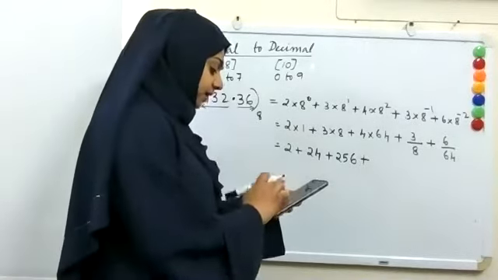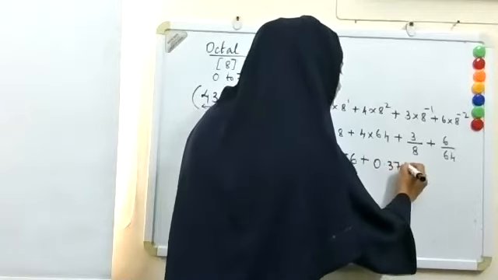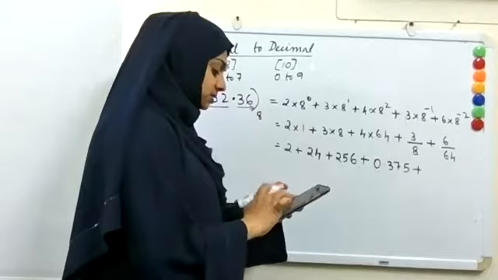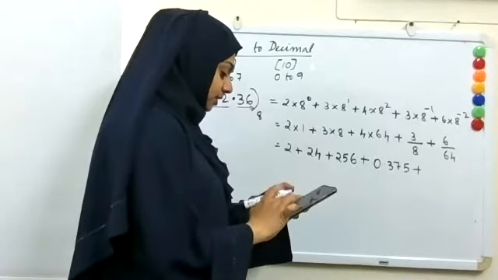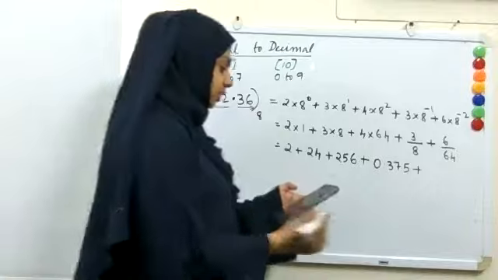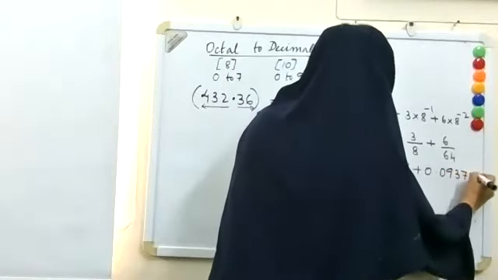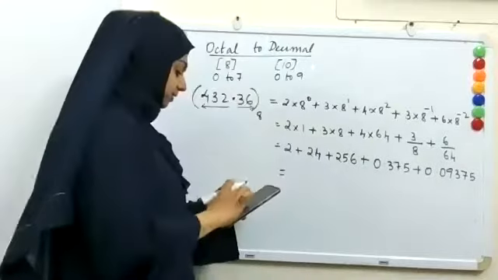3 divided by 8 is equal to 0.375 plus 6 divided by 64 is equal to 0.09375. And you can add all of them and you will get the result.